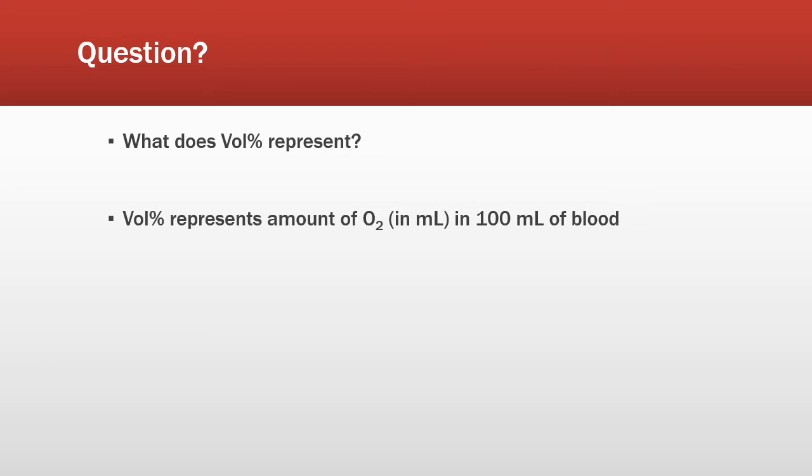Vols percent represents the amount of oxygen in milliliters in 100 milliliters of blood. Normal vols percent of plasma is about 0.3. If that's what you wrote down, great job.